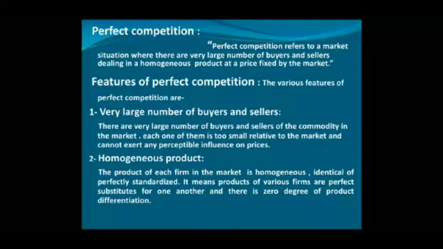Homogeneous product means that buyers treat the products as identical. Therefore, the buyers are willing to pay only the same price for the products of all the firms in the industry. It also implies that no individual firm is in a position to charge a higher price for its products. This ensures a uniform price in the market.